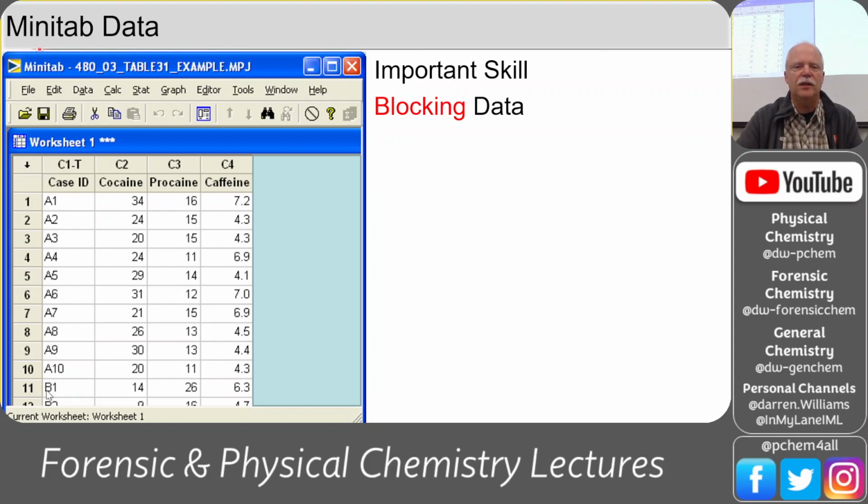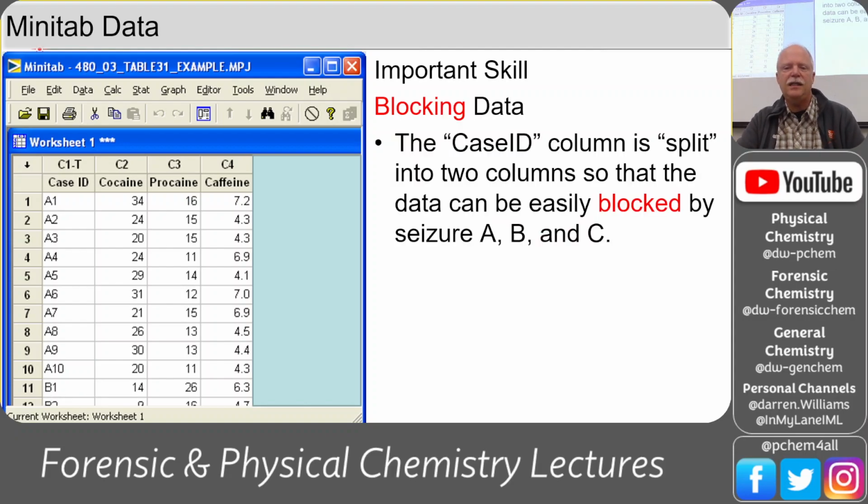And so this is an important skill in statistics. It's called blocking the data. So the case ID column is split into two columns. Notice how if we leave A1 in the same little cell here, the software is going to treat it differently than it treats A2. It won't be able to group by A. So we need to go in and actually split this.